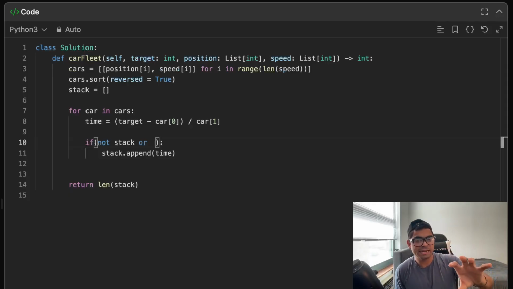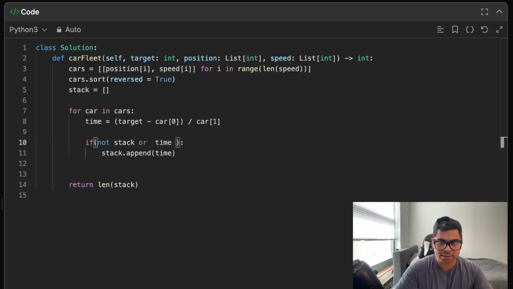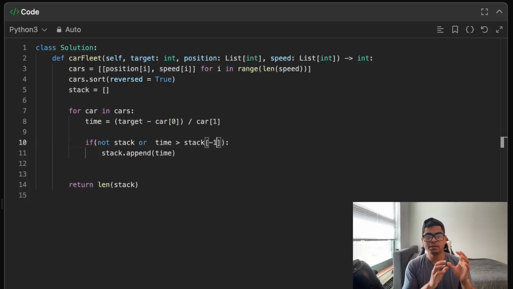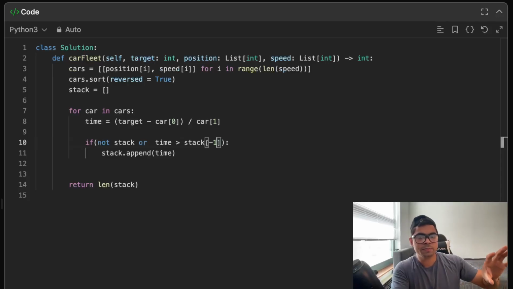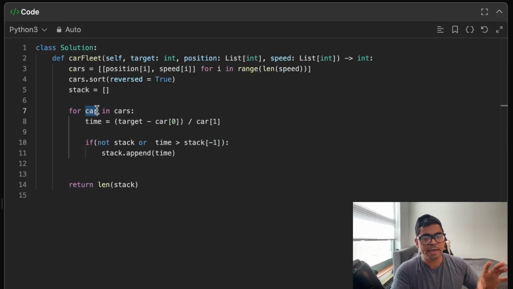Or the time that I'm seeing right now is greater than the top of my stack. If this time is greater, that means the time this particular car is going to arrive is way more, not even equal, greater than the time that's sitting on the top of the stack.